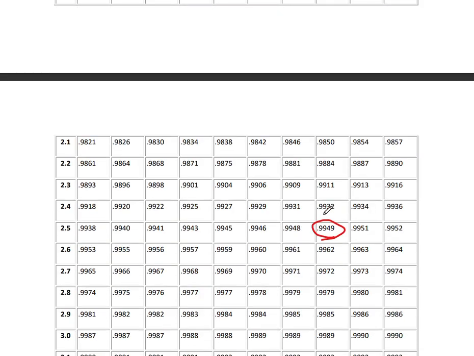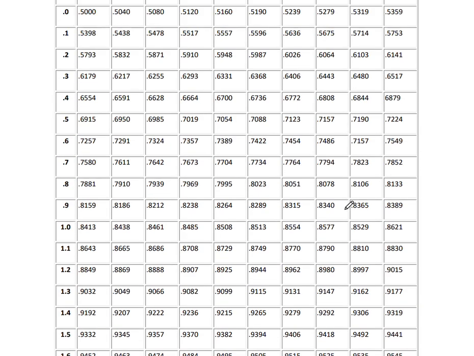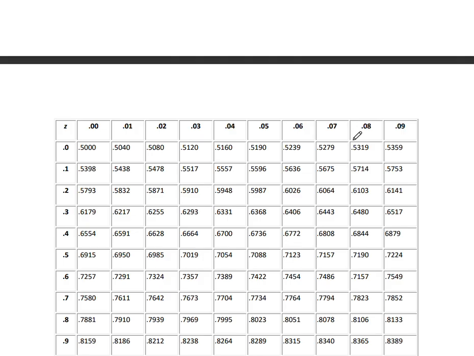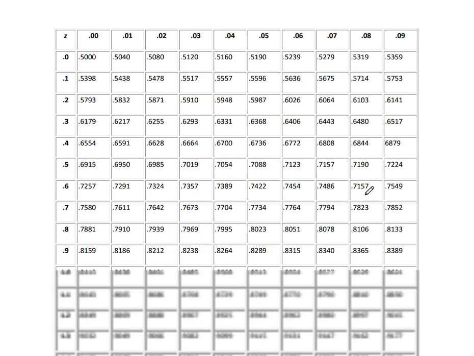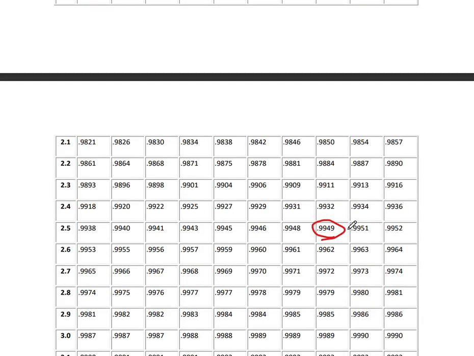So it therefore means that our Z reading or critical value would be 2.57. But if you had used 2.58, it would also be fine, because this value 0.9951 is the same distance from 0.995 as 0.9949.